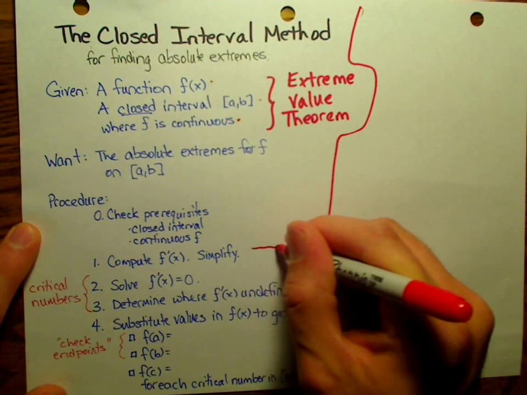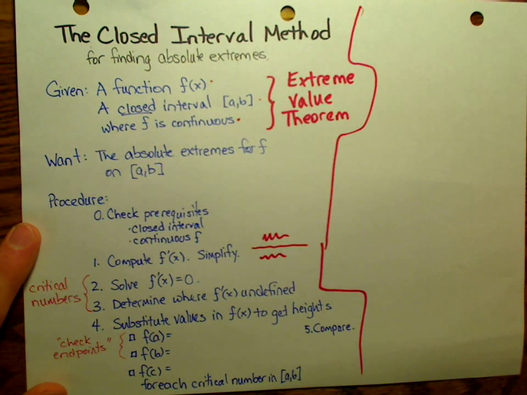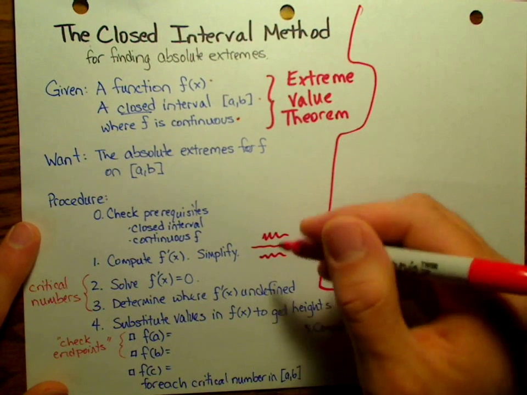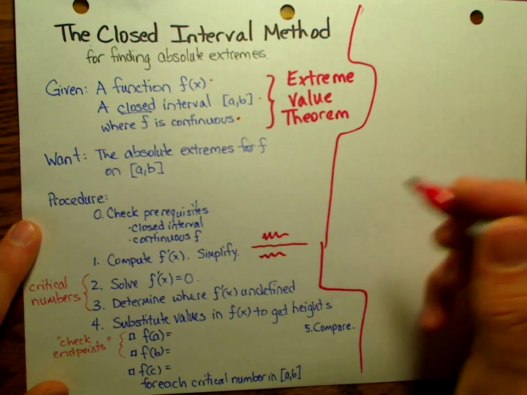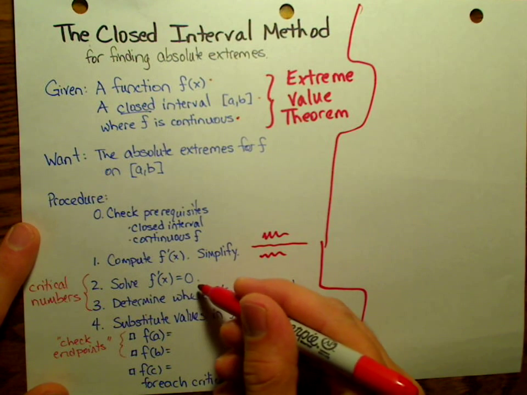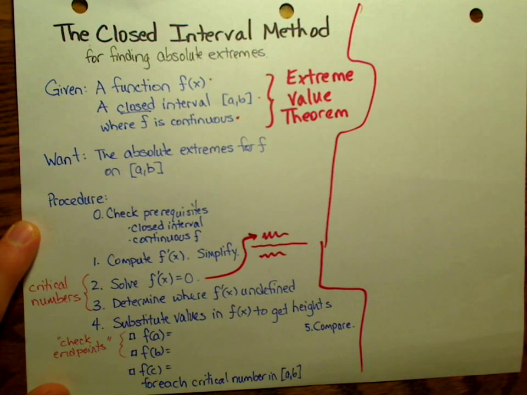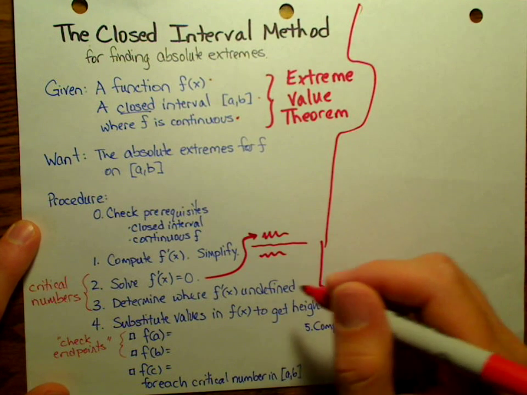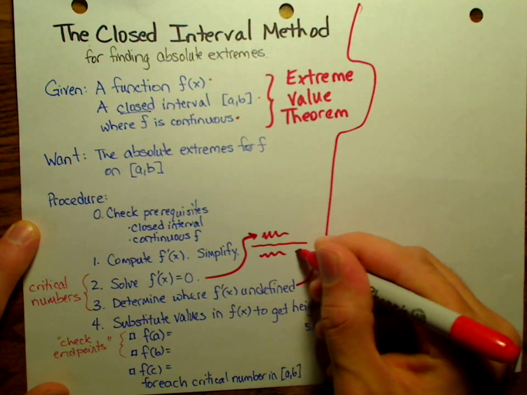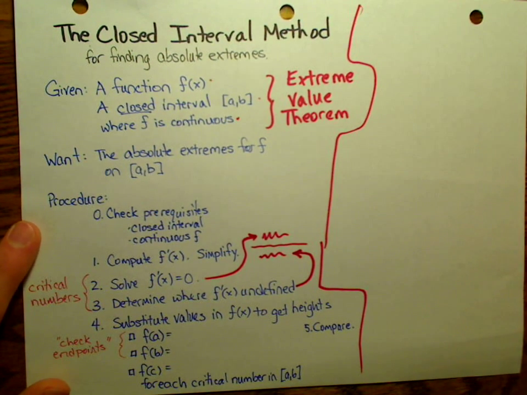If there's any division at all, it's often nice to have it in one big fraction, one big rational function, or maybe there's roots in there. That's a nice place to do it, because what you want to do next is find where f prime is 0, which happens exactly where the numerator is 0. And you want to find where the derivative is undefined, which corresponds to when the denominator is 0. Those are your critical numbers.